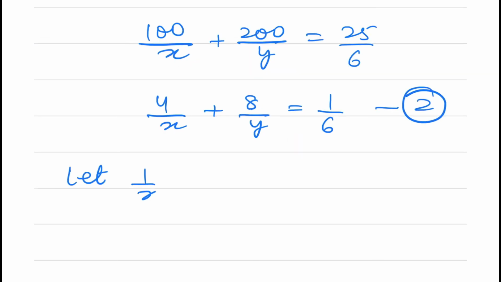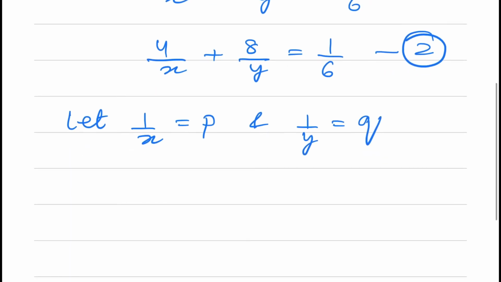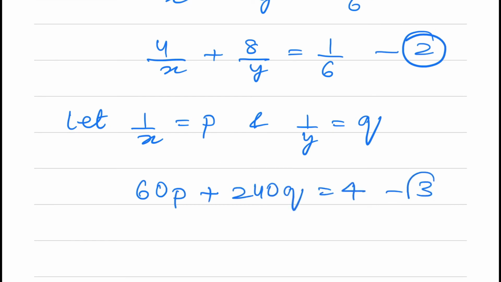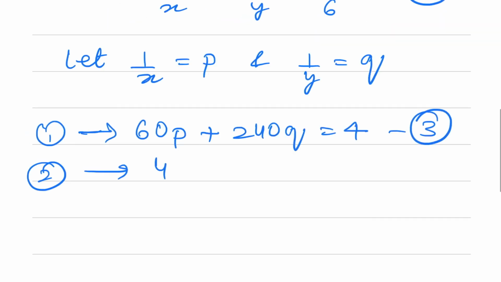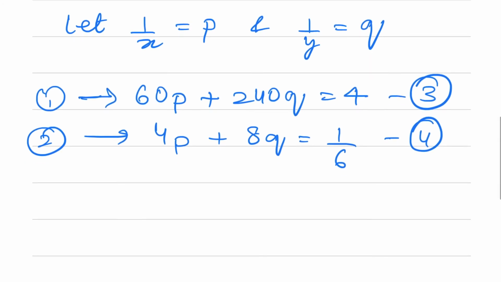Let 1 by x is equal to p and 1 by y is equal to q. Substituting in these, we have 60p plus 240q is equal to 4. Third equation. So from second equation, 4p plus 8q is equal to 1 by 6. Fourth equation. So we have to equate these equations.